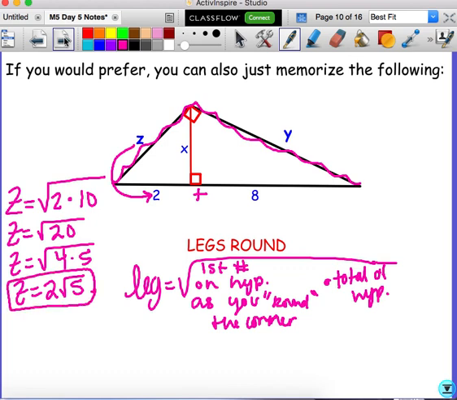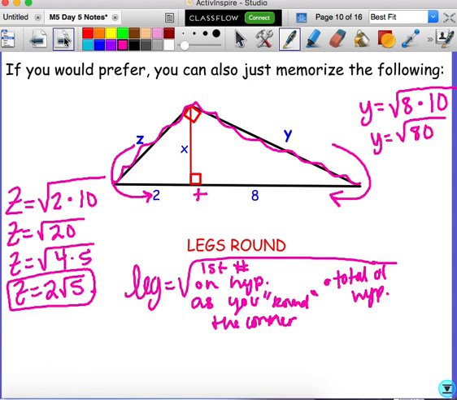Whereas if I'm solving for y, the first number I hit as I round the corner to the hypotenuse is 8, and my total is still 10. So I end up with the square root of 80, which is divisible by what perfect square? So I know 4 is going to go into that, but I think 16 will as well.